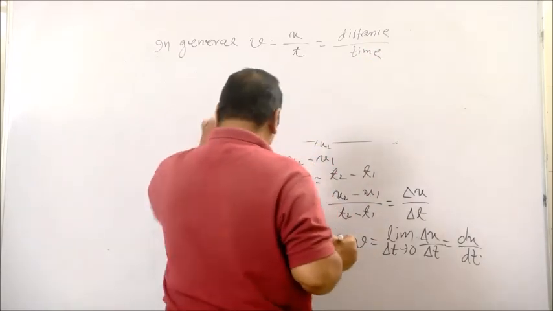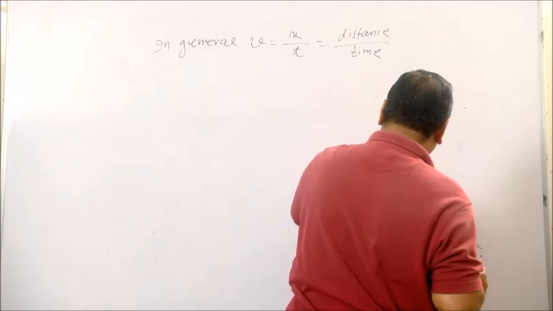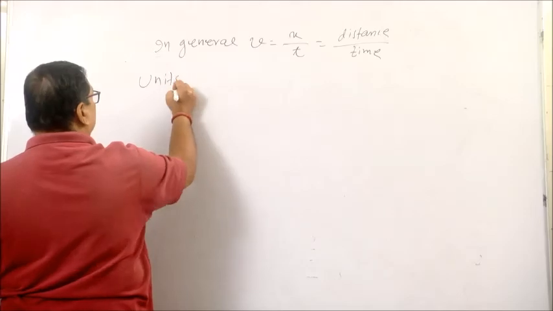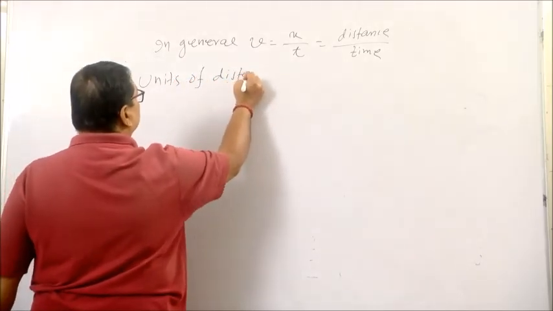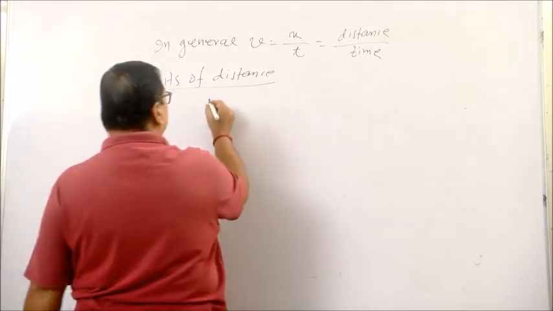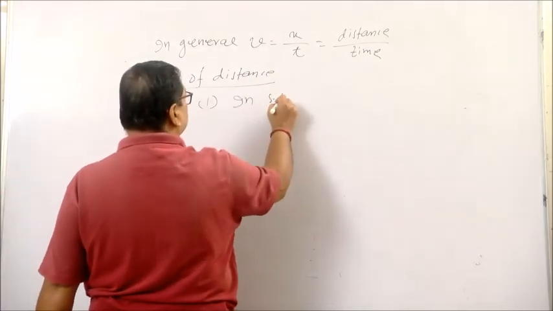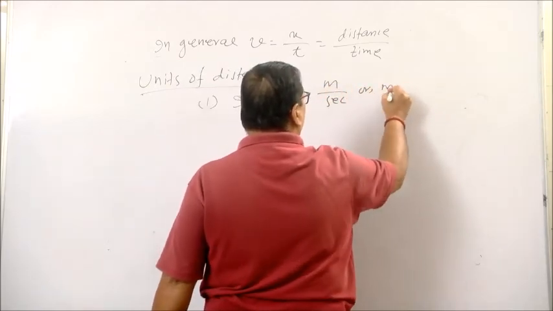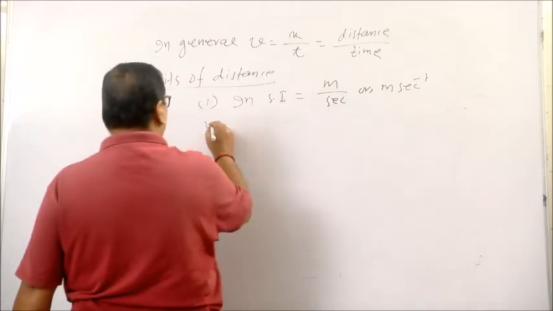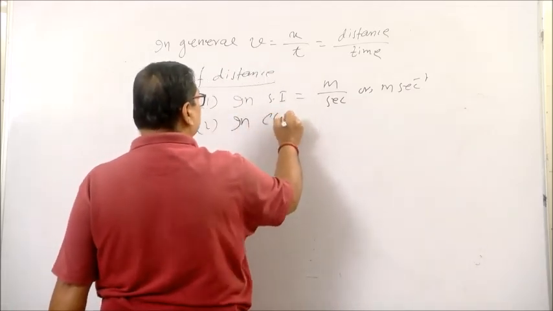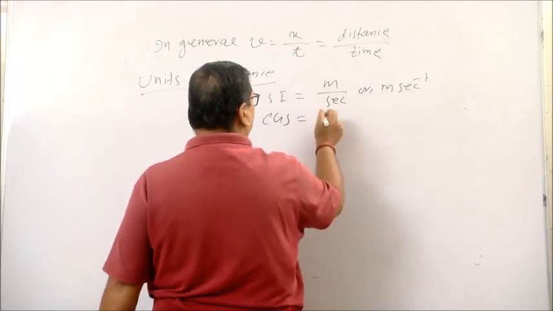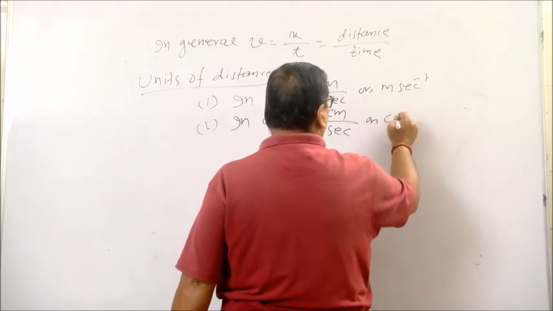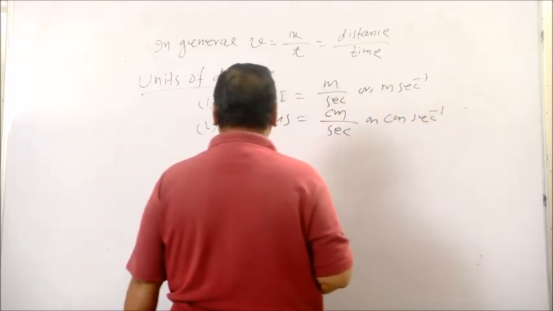Now we will find out the units of speed. In SI, this is meter by second or meter second inverse. In CGS, this is centimeter by second or centimeter second inverse.